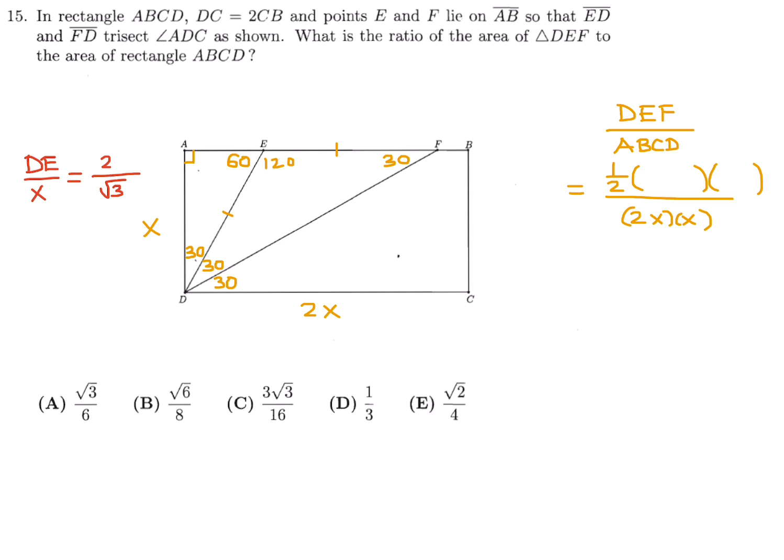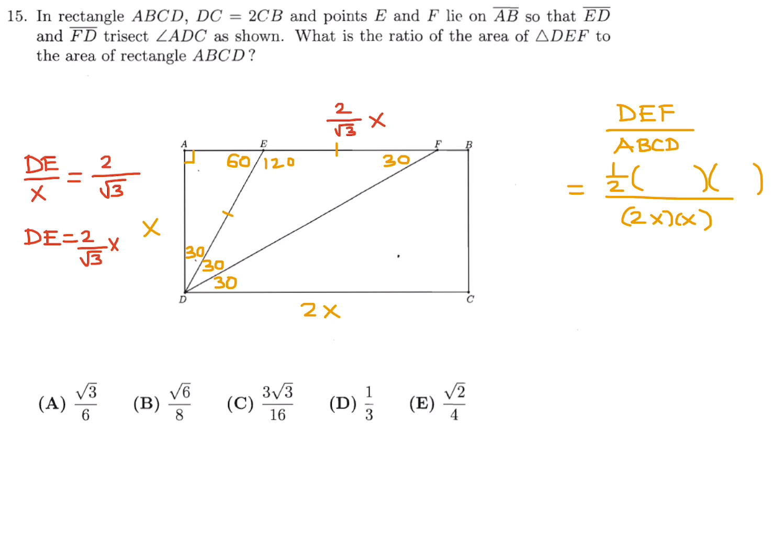All right. So that is basically going to be what we use. DE, if you just isolate for that, will be 2 over root 3 times x. Now that's DE, but that is the same in terms of length as EF. So EF is also going to be 2 over root 3 times x.